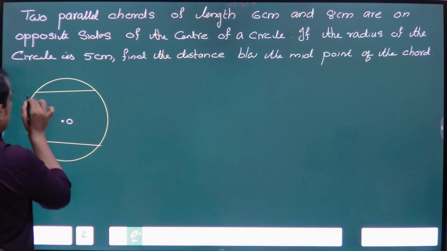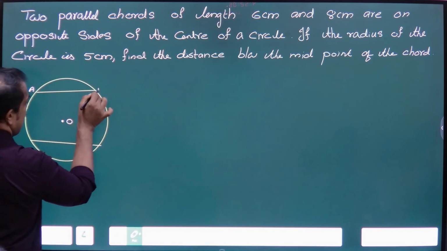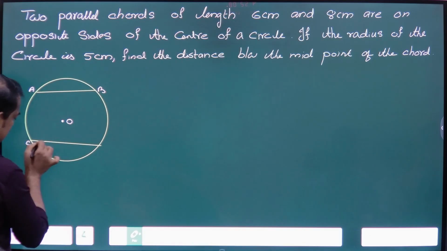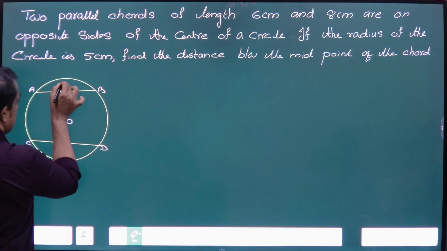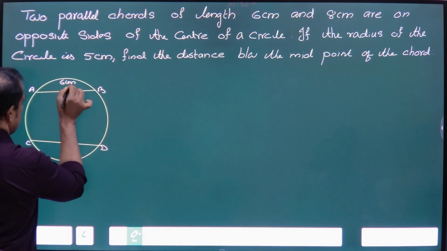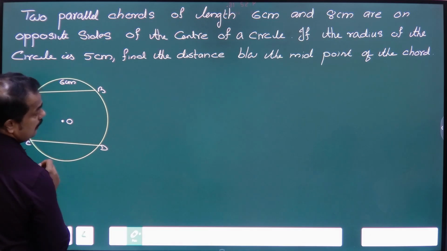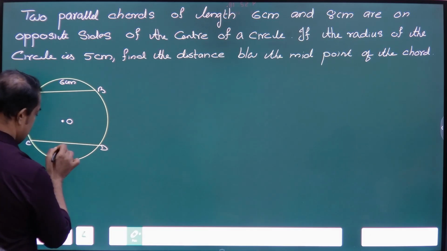The name of this chord is AB, CD. The length of the smaller chord is 6 centimeter, and the length of the larger chord is 8 centimeter.